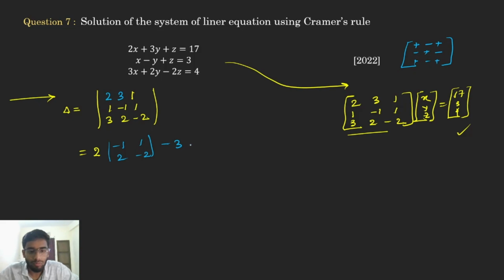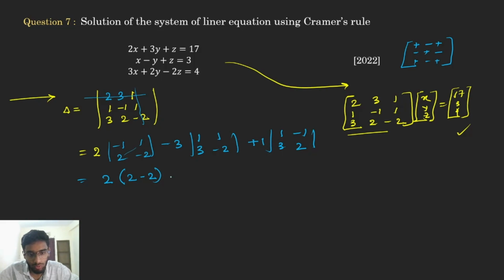So minus 3 times 1 1, 3 minus 2. Plus 1: for 1, if you cancel the corresponding row and column, you are getting 1 minus 1, 3 2.